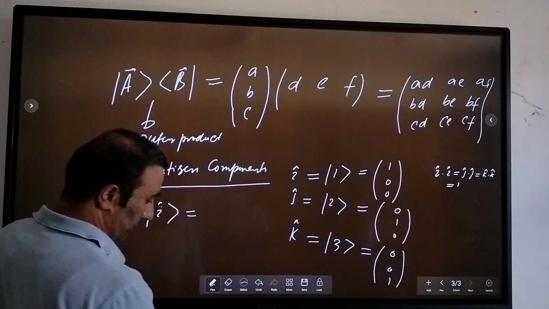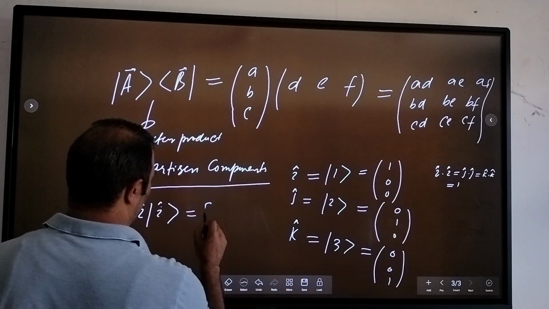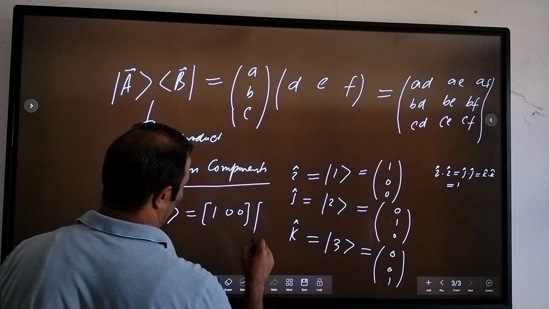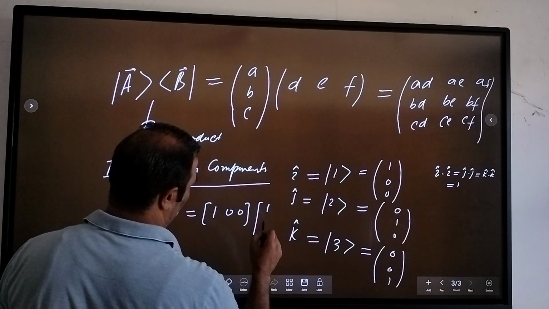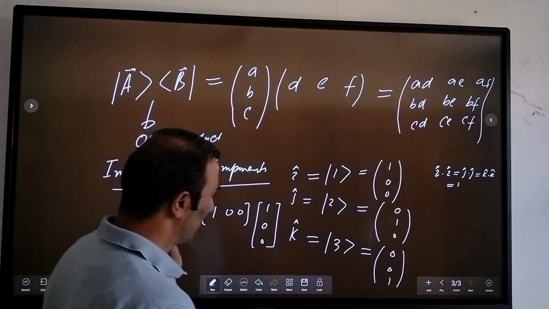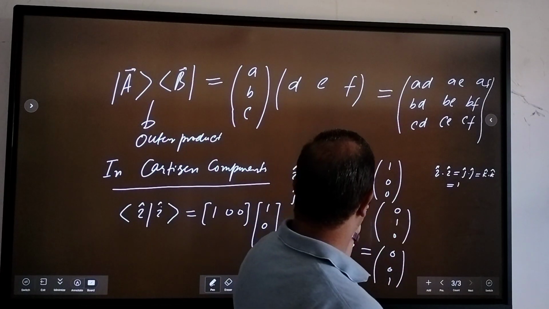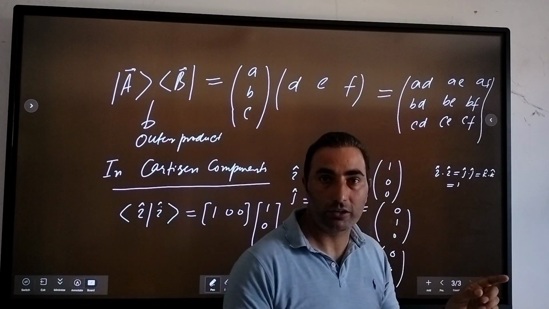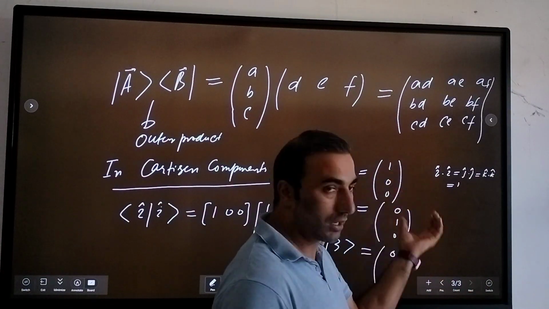So that is equal to, because when you take the bra state of this i, which is 1 0 0, the column goes into a row.